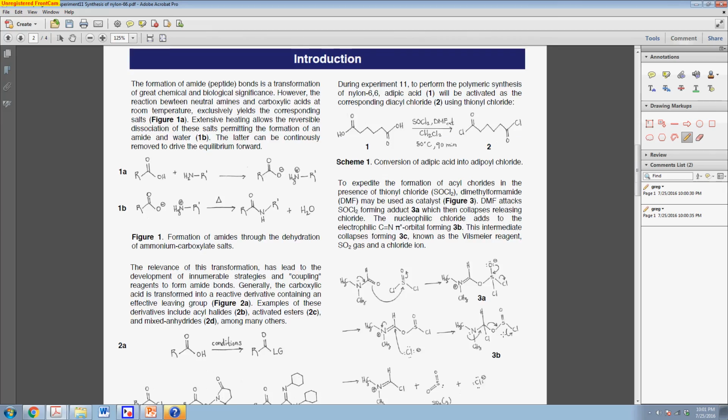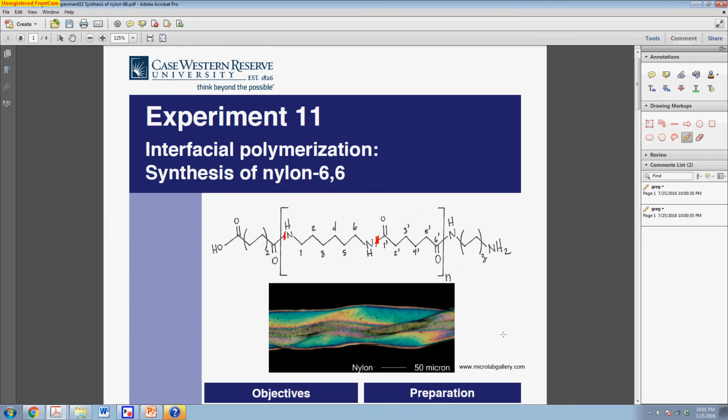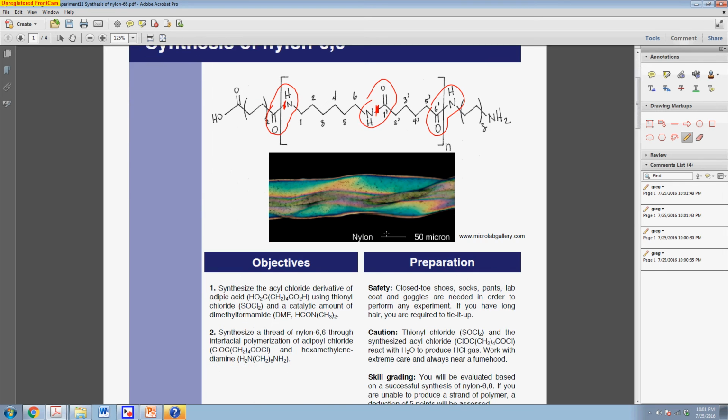So if you think about the overall chemistry that we're talking about here, really the key is how do we form these amide bonds, right? Because this is going to be the key reaction, how we form these repeating units.